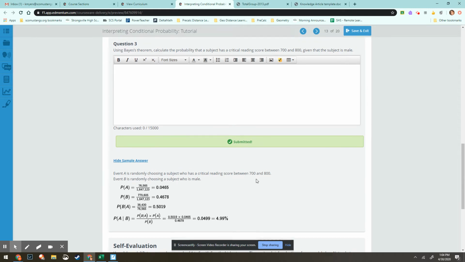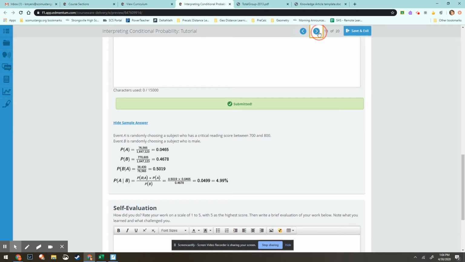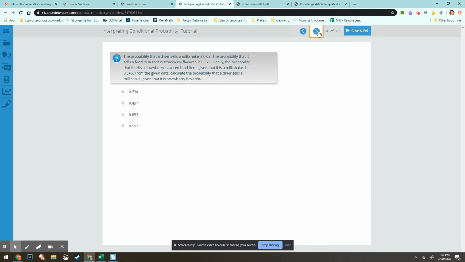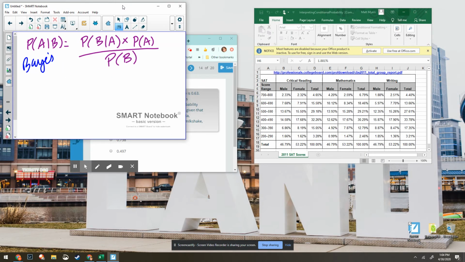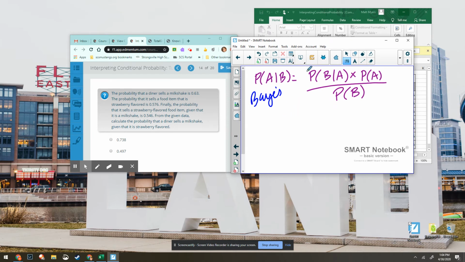Okay? Again, that's a lot of work. I really don't want you to do that for those problems when we could have just calculated them the old way. Now, this problem is a little bit different. This one we would have to do Bayes' theorem. So what it says is that the probability that a diner sells a milkshake is 0.63%. So I'm going to kind of minimize both of these and see if I can write this out.